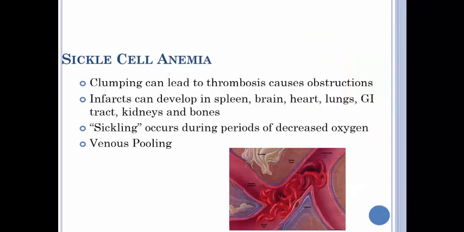Sickle cell anemia causes clumping that can lead to thrombosis, which causes obstructions. Infarcts can develop in the spleen, the brain, the heart, the lungs, the GI tract, the kidneys, and the bones. Sickling occurs during periods of decreased oxygen, so you'll have venous pooling of blood.